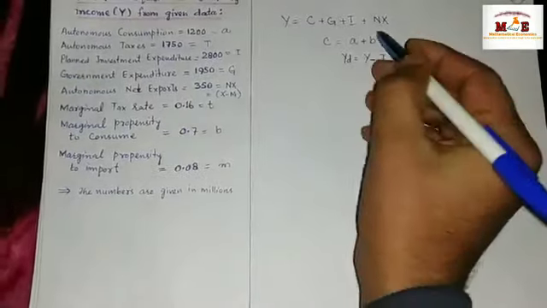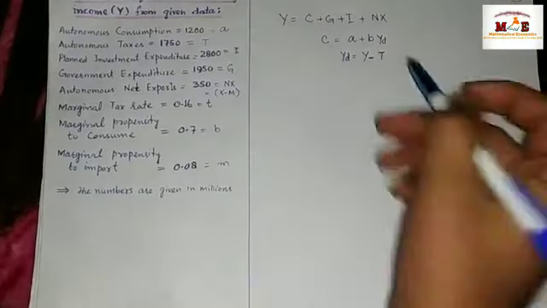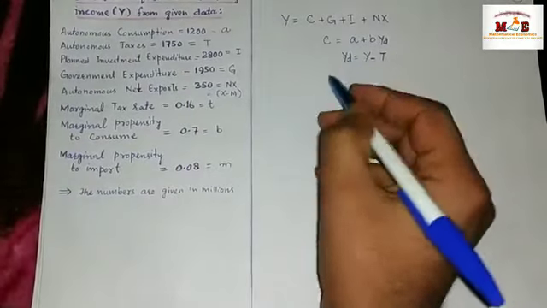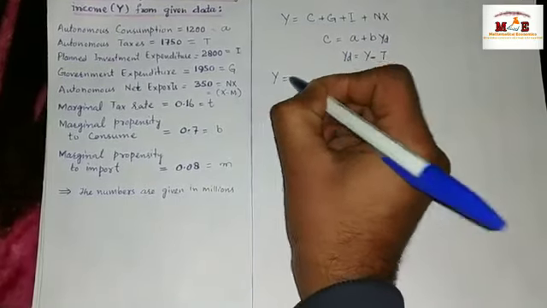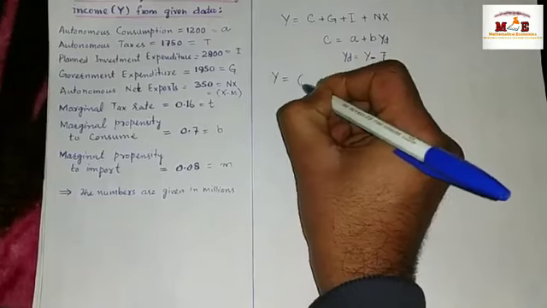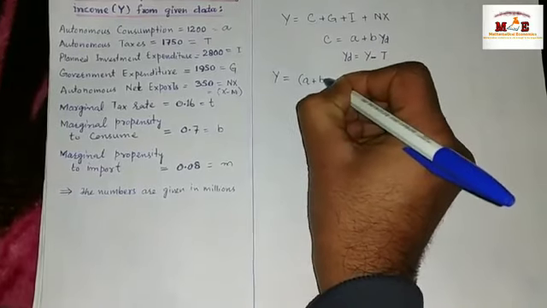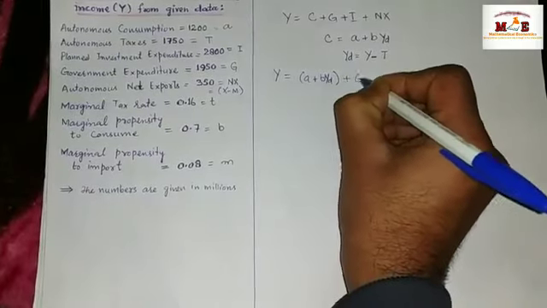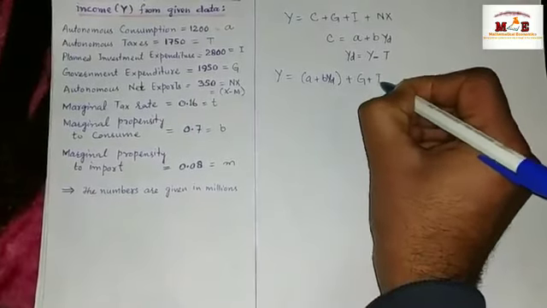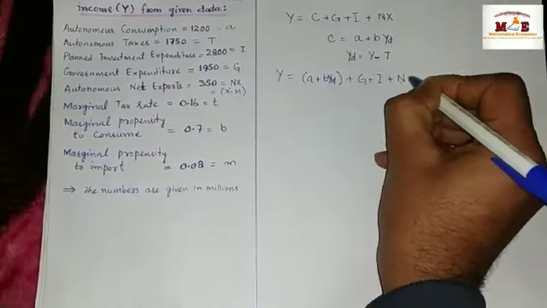Now the national income identity can be rewritten by substituting the value of C in this equation. We can write it as Y equals A plus B YD plus G plus I plus NX.